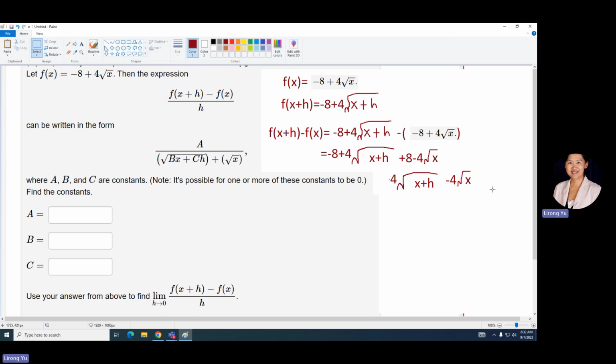This is now f of x plus h minus f of x. Basically, the constant number is subtracted because it's constant in both terms. Now it's gone. The variable term is the only one that matters.